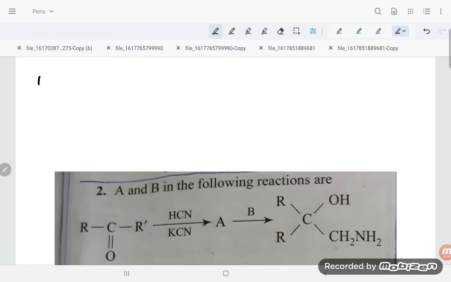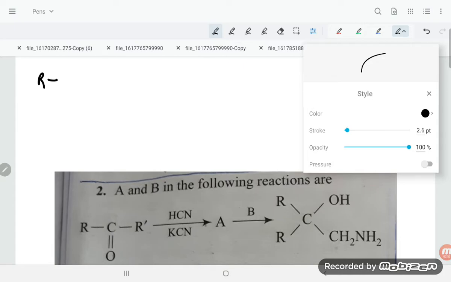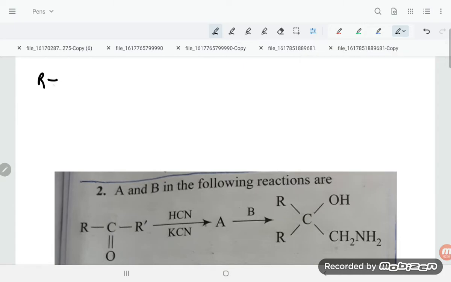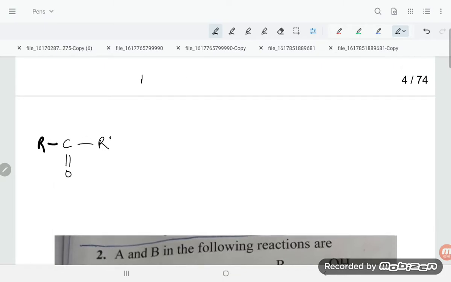Here we have R and C, and again R dash, with the double bond to O. If you are treating with HCN, you know very well, students, it is like H plus and CN minus.